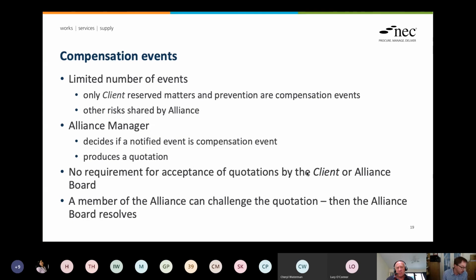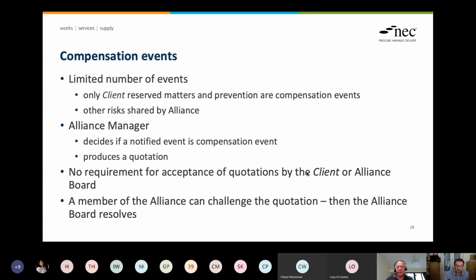Stopping, not starting, a client liability, not allowing access, and a prevention event or change of assumption. The ones that are there are fairly common to other NEC contracts, but it's just a far shorter list.